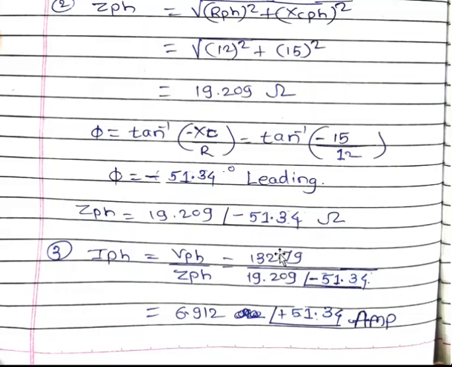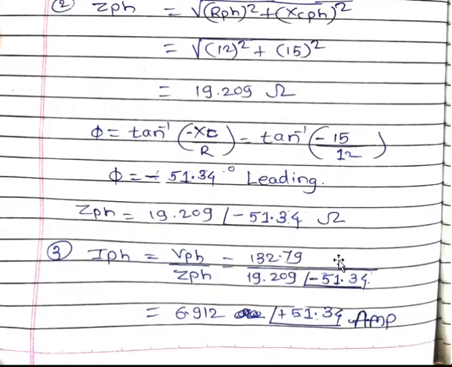Therefore, first we divide the digits. The answer of this division is 6.912. When we divide the angle, then we transfer the angle from denominator to numerator. When we transfer the angle from denominator to numerator, the sign of the angle will be changed, and that is angle change from minus to plus.